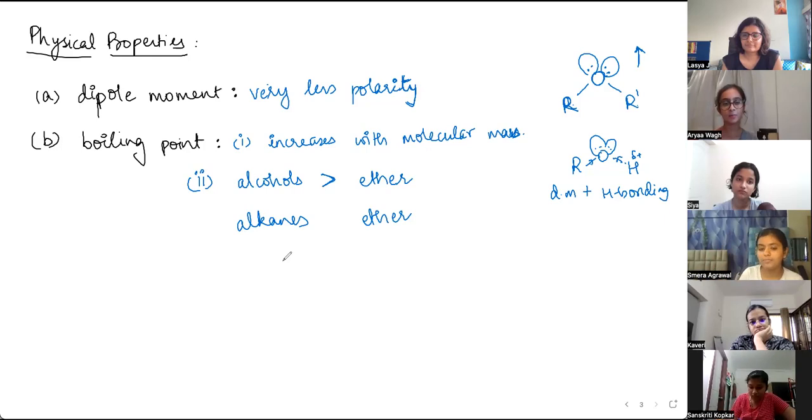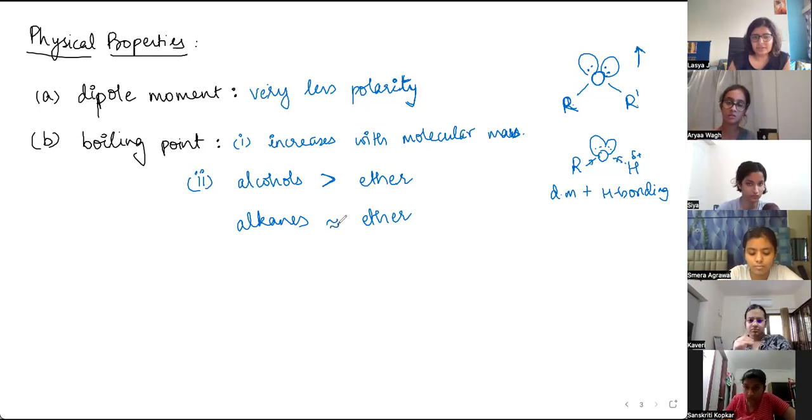There is very little polarity, and in alkanes also there's not a significant difference. So with alkanes, almost comparable. Ethers have a slightly higher boiling point compared to alkanes.